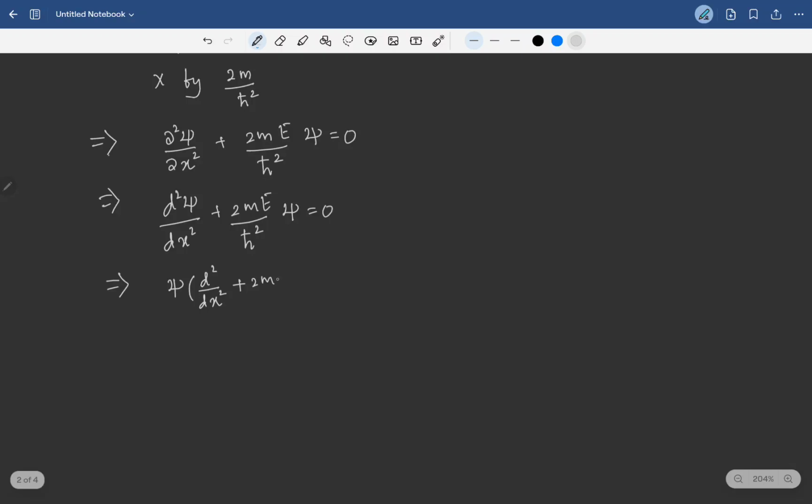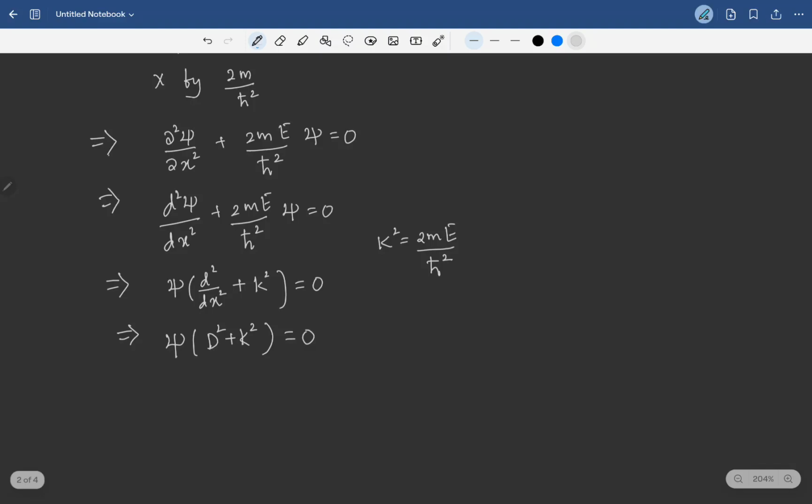Take 2mE divided by h cut square equal to k square. K square is equal to 2mE divided by h cut square. Take this as D, so psi into D square plus k square is equal to 0.